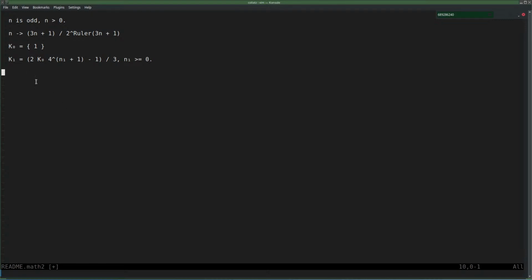Now, for any given value of n, we can calculate this. K0 is just a set of 1, so it's only 1. There's no enumeration here. So we have 2 times 1 times 4 to some positive power, because we add 1. And then from that I subtract 1 and then divide it by 3. That is an integer. And then we apply this step. What happens then? Well, we multiply by 3 again.